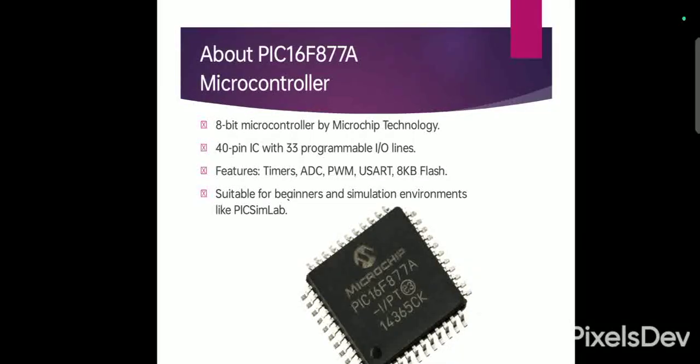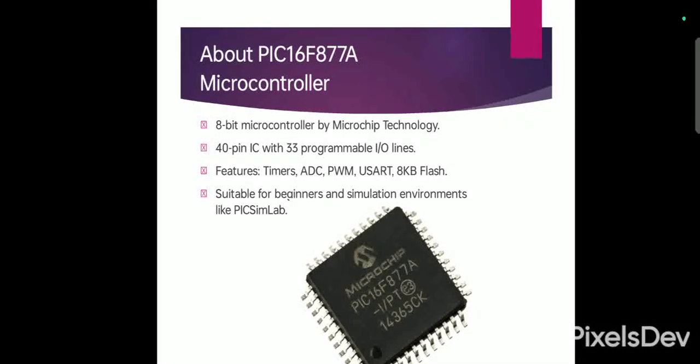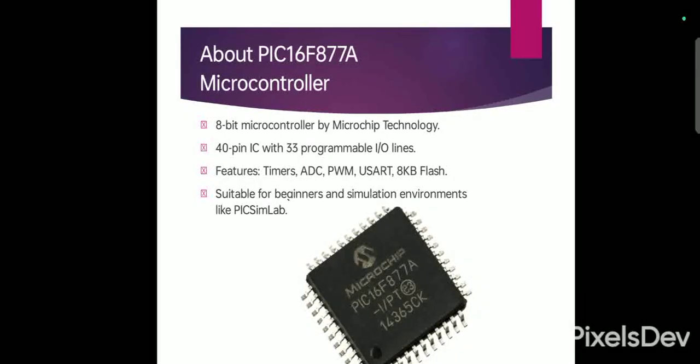And this is ideal for both real-time embedded systems projects and simulations. So here in this project we have used this microcontroller for our convenience. It is useful for beginners as well. So we have used it.